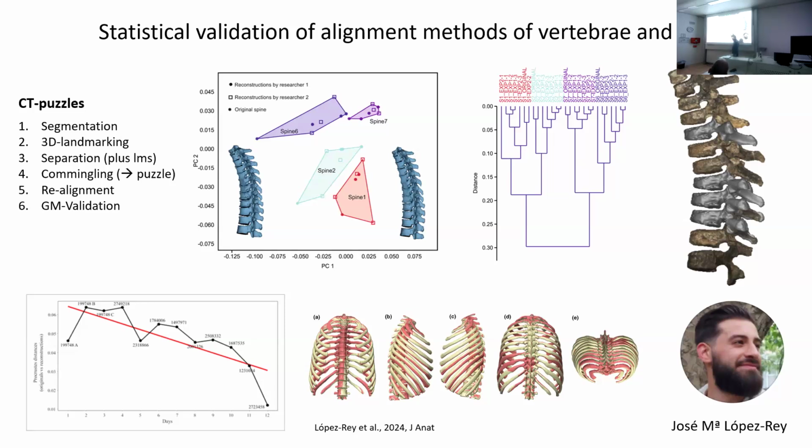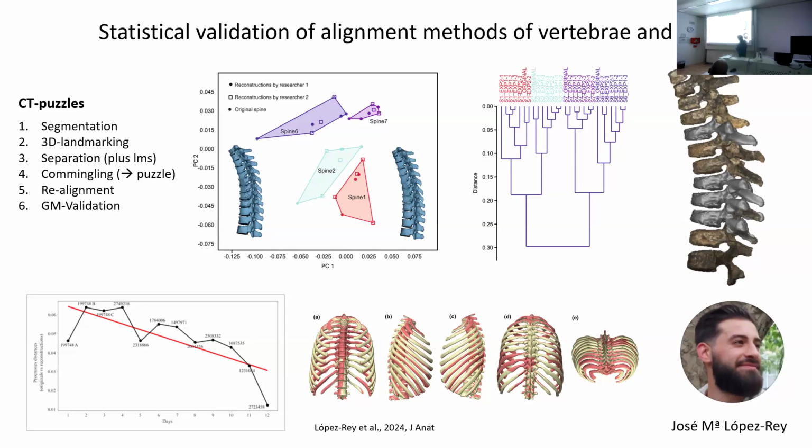Actually, this was a project carried out by different researchers on different days. And so what we found is that if we articulate according to the posterior articulation of the zygapophysis, then we can really find a reconstruction where all of the reconstructions are closer to the original than to other spines.